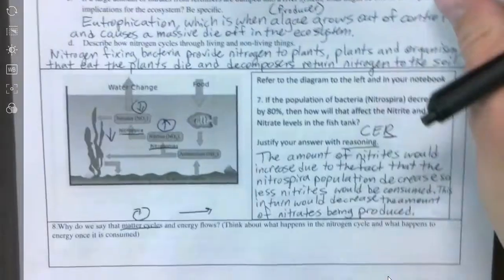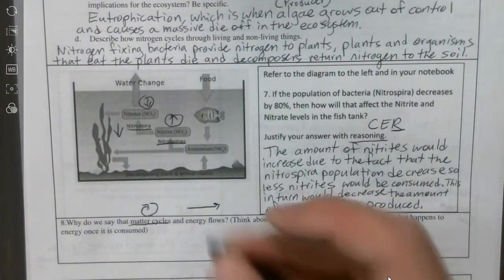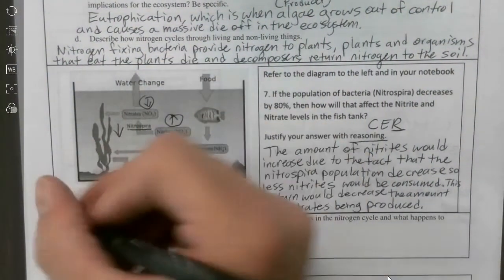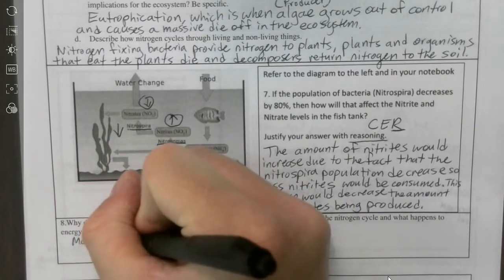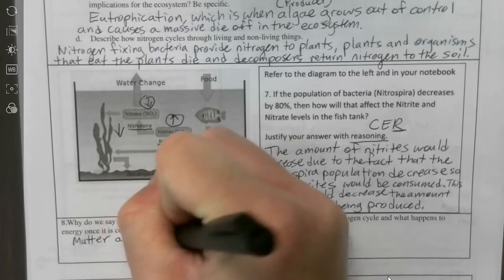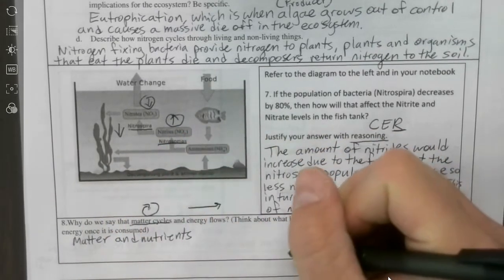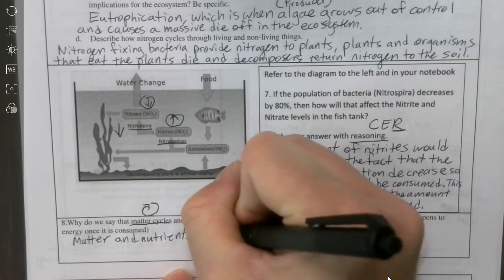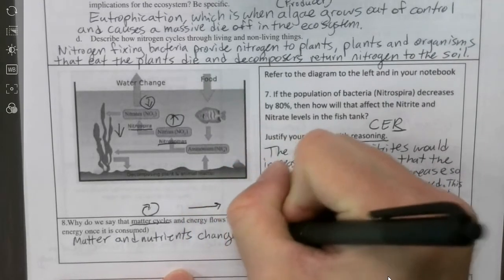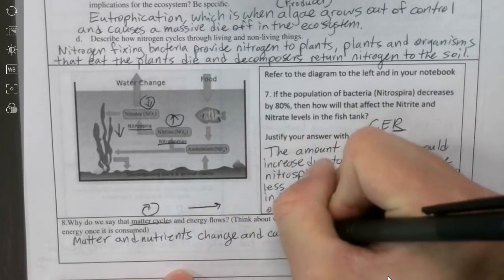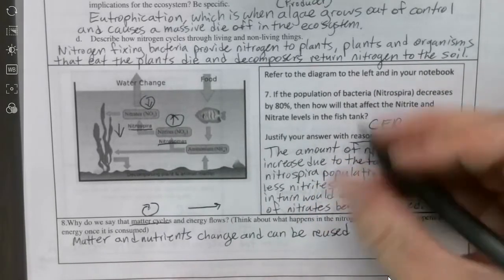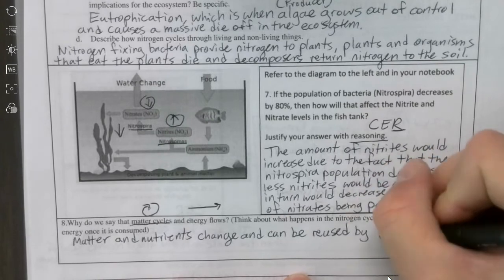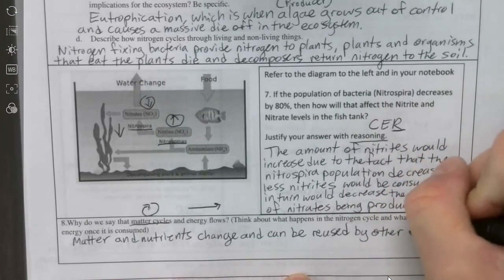So what we're trying to say here is that matter and energy, matter and nutrients change and can be reused. And we could say they could be reused by other organisms.